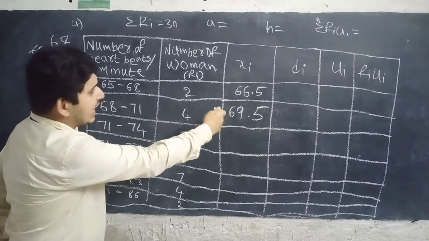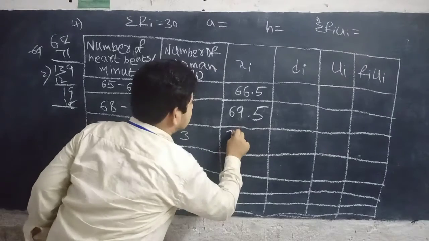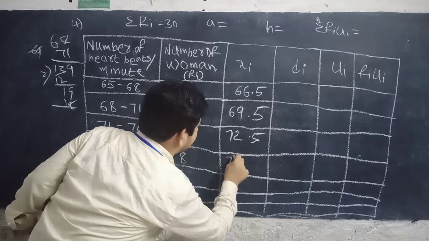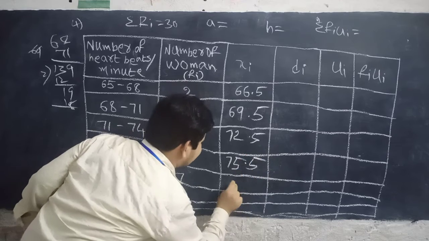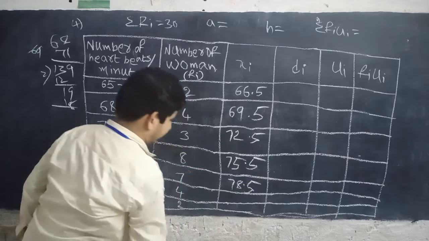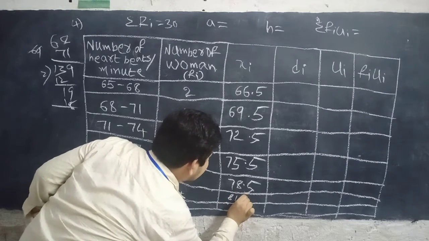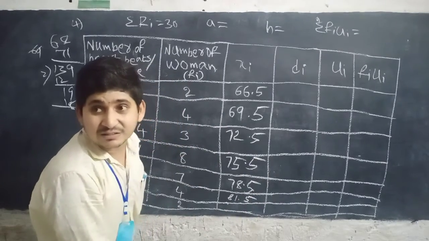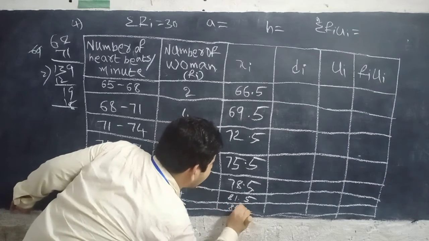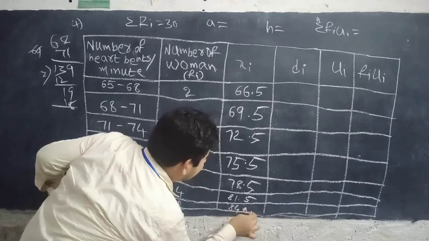So add 3 to the next values. 69.5 plus 3 is 72.5, next 75.5, next 78.5, next 81.5, next 84.5.